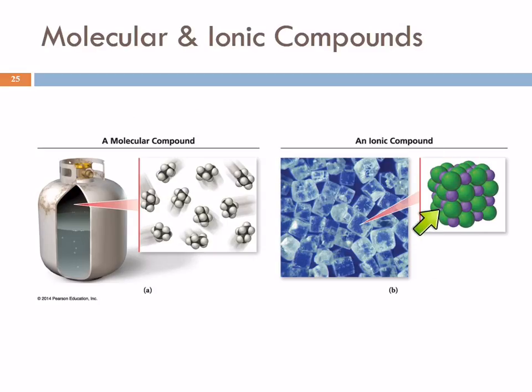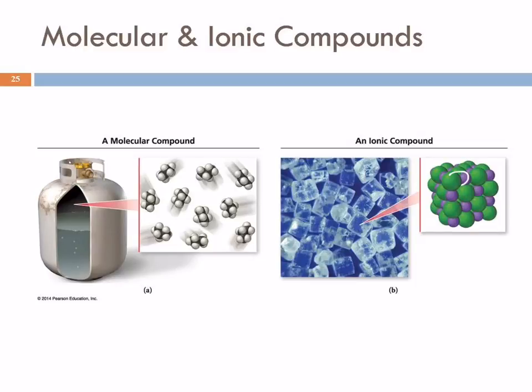Here's an illustration of sodium chloride. So where's the formula unit? Well, you could pick out formula units all over the place, couldn't you? You could say, well, those two there are a formula unit.